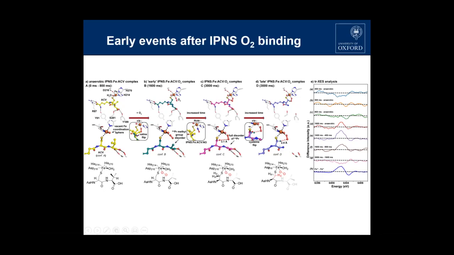And the second model for the 3-second data set even suggests a flip of the cysteine side chain to bring these CH bonds closer to the oxygen for stereospecific cleavage of the bond. And yeah, simultaneously we collected these emission spectroscopic data.